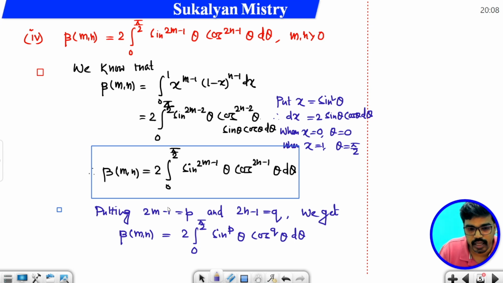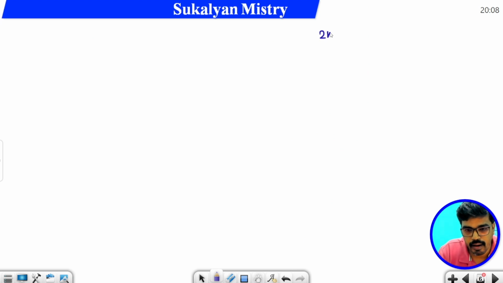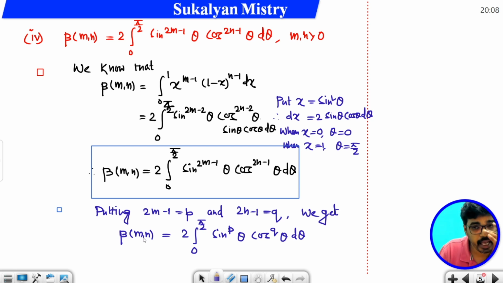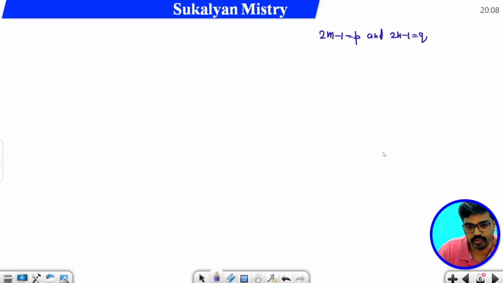Now look, if you solve these two equations, 2m minus 1 is equal to p and 2n minus 1 is equal to q, you can find the values of m and n. We have to find the values of m and n, so this implies m is equal to p plus 1 divided by 2 and n is equal to q plus 1 divided by 2.